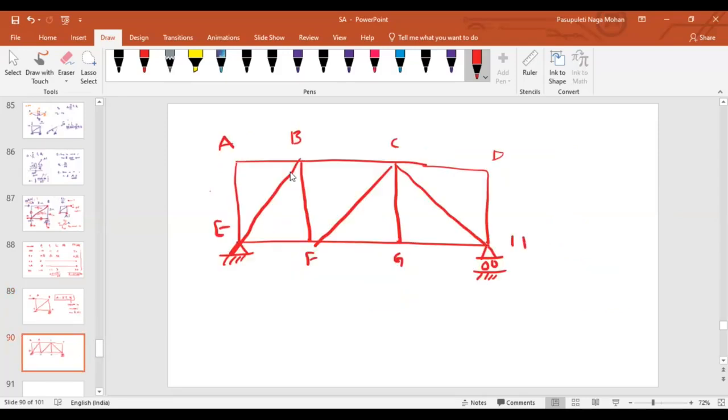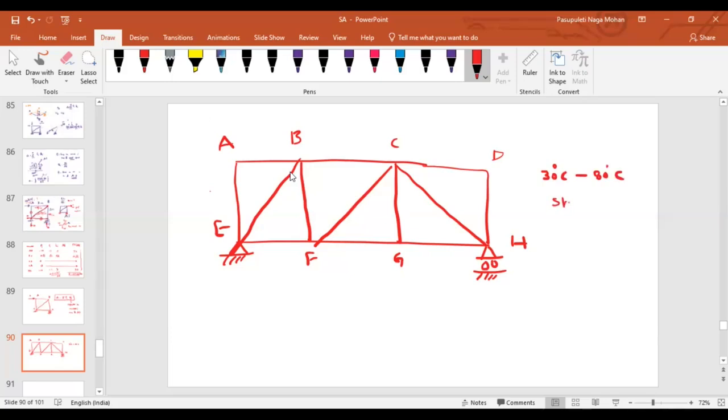Now, in this case, member CD is subjected to a temperature change, from 30 degrees to 80 degrees.